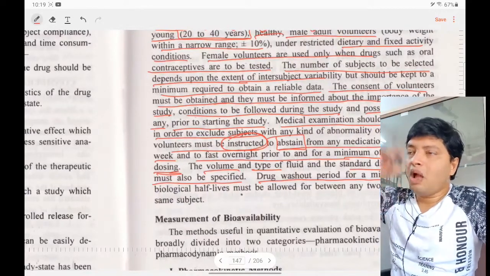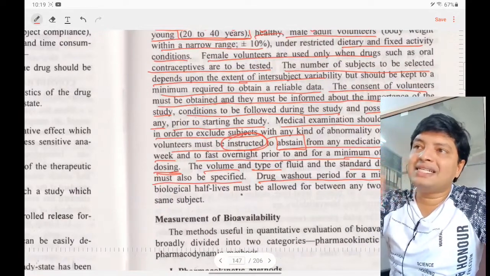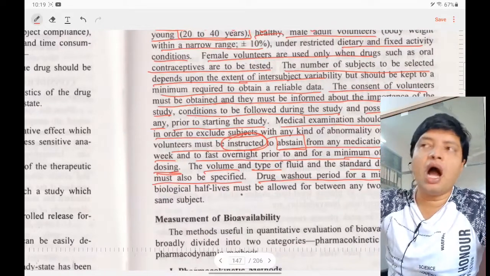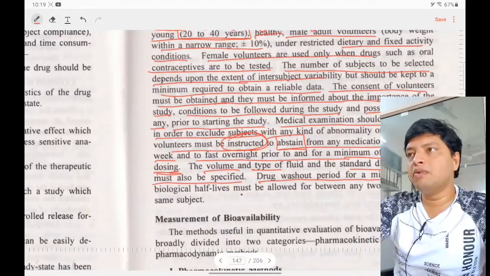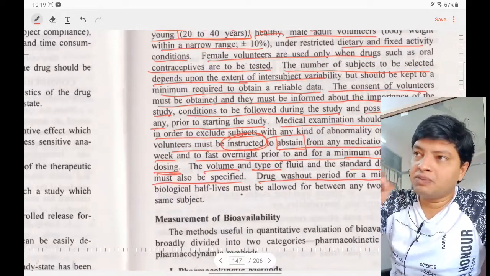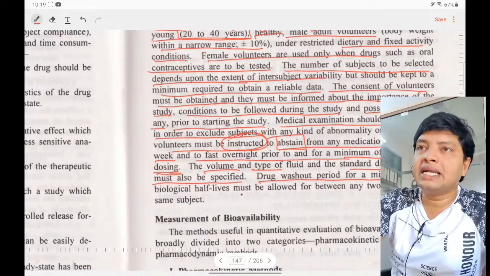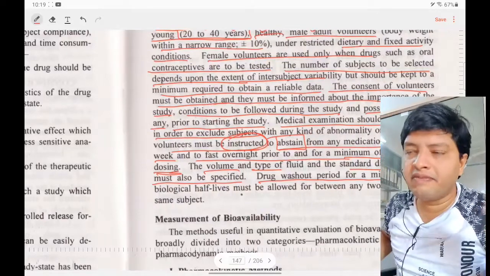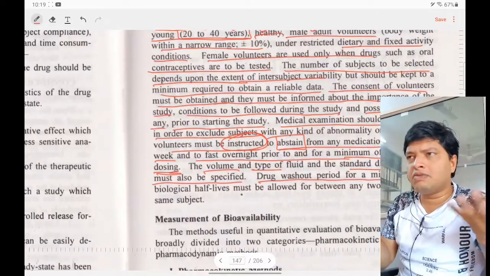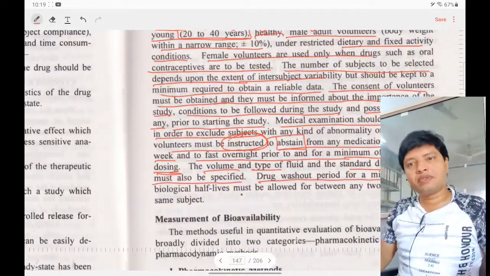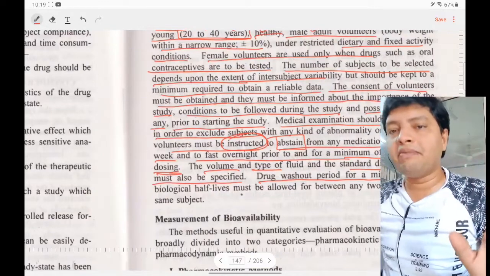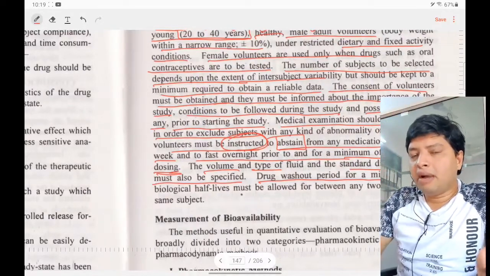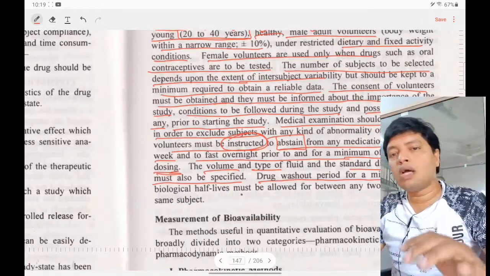So the washout period is the time taken for the drug to be completely removed from the body, or else, if it is present, it should not be detected by the sensitive analytical instrument which we have. If it is not getting detected in the analytical instrument, it means it is not there. Simple thing. The time taken to attain non-detection of the drug, we call it the washout period.